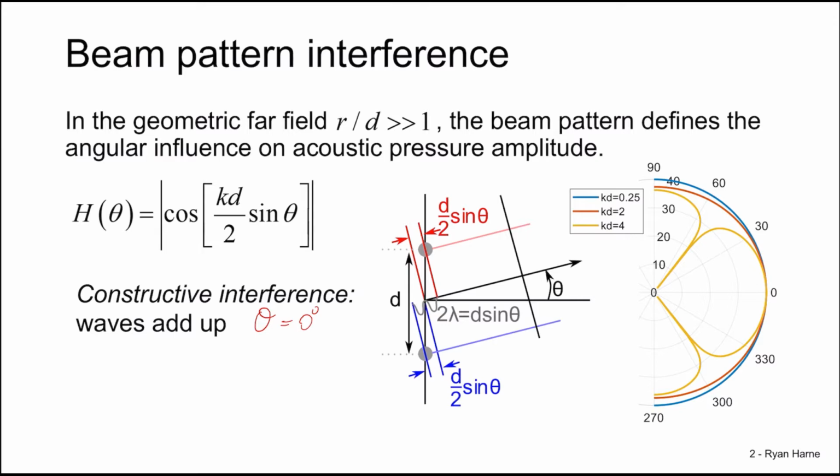But for off-axis field point locations, this occurs, for instance, as the case is shown here, where 2 wavelengths are equal to d sine theta. In that instance, the wavelengths are exactly in phase.